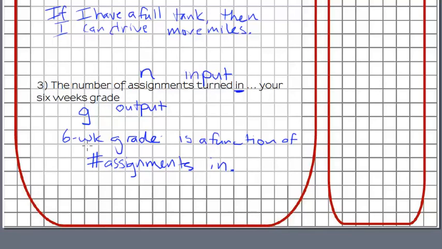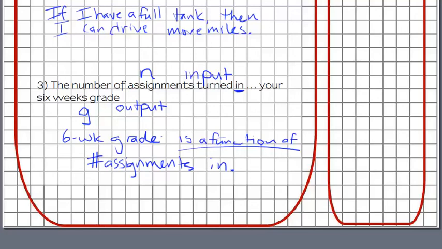I could have said your 6 weeks grade depends on the number of assignments you turned in. This is more mathematical language to say is a function of. So your 6 weeks grade is a function of the number of assignments turned in. It reads the same way as the depends on, but it's a more mathematical way to say is a function of. Now when they say function here, they have a very specific meaning for it that we'll get to in a later video.